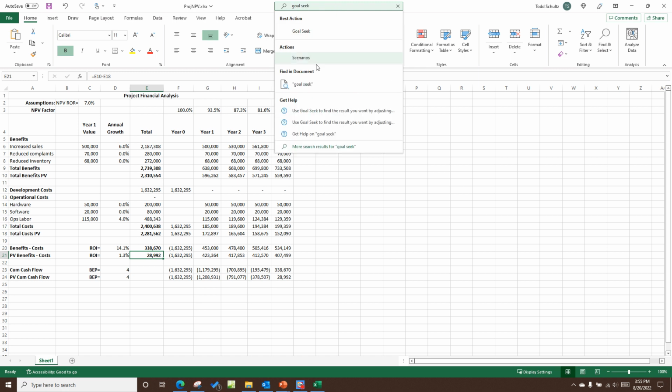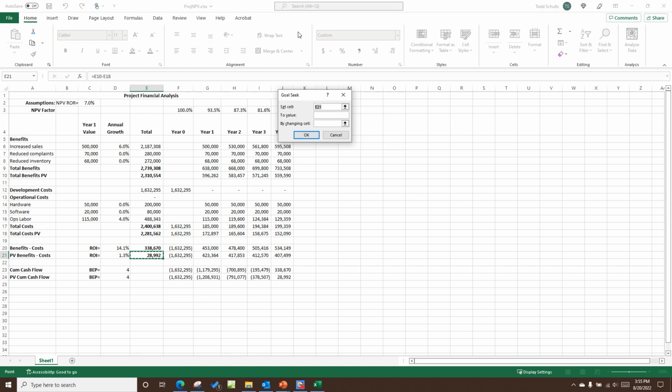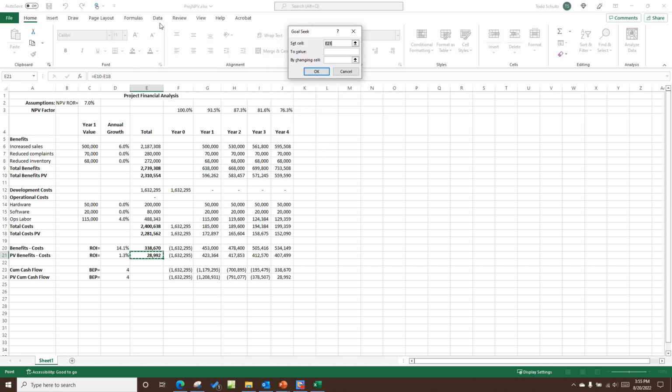You can find it in the menu, I think maybe in Data and things like that. But it involves a couple of things. You have a cell that you want to set to a particular value. So I want to set E21 to 0 by changing this.